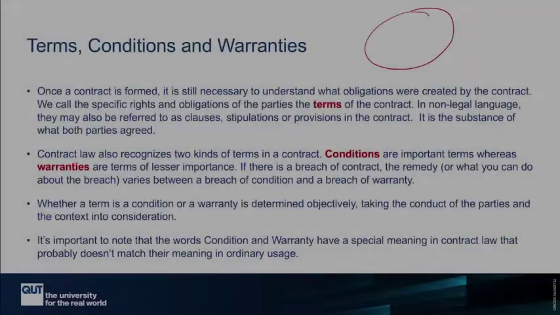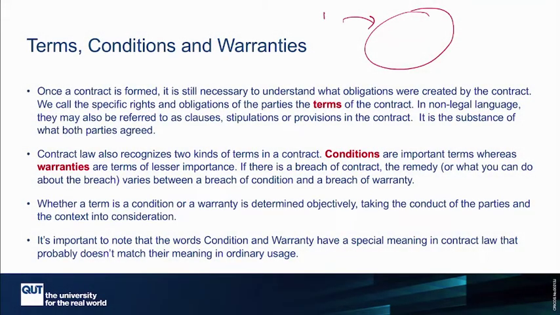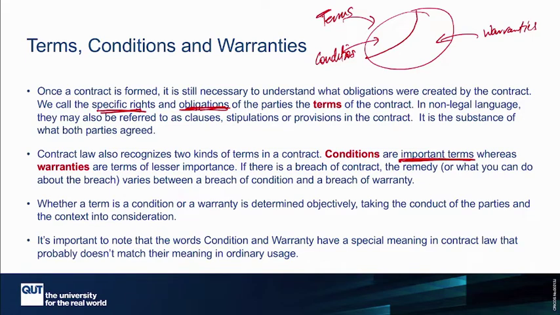So just to reiterate, if we have the terms of a contract, which are our specific rights and obligations under the contract, then we're going to have some terms that are conditions and some that are warranties. Often, not always, sometimes they might all be conditions. But we're probably going to have some conditions and some warranties. Now, the conditions are important terms, okay?